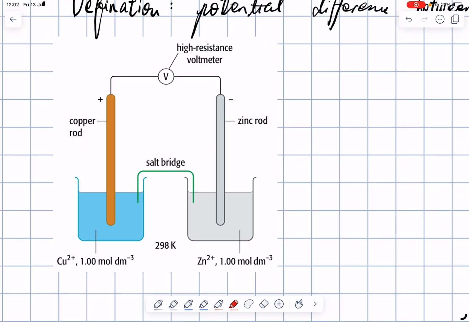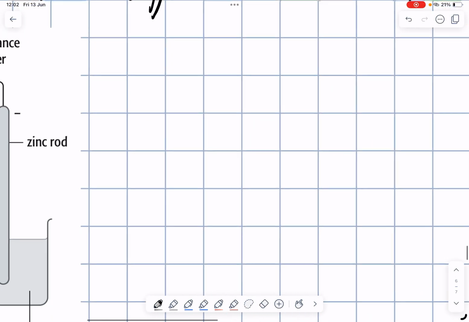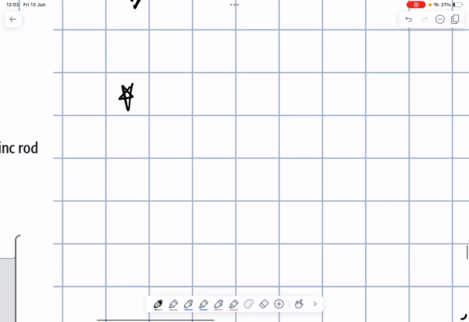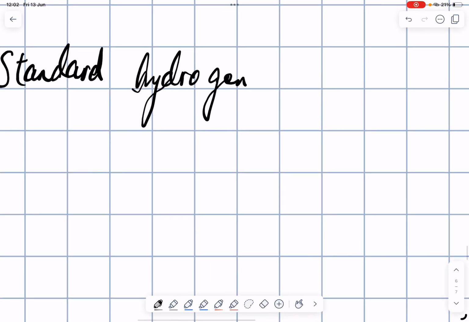In practice, we cannot directly measure the potential difference of one half cell, because we don't have a reference. So a good reference will be the standard hydrogen electrode.